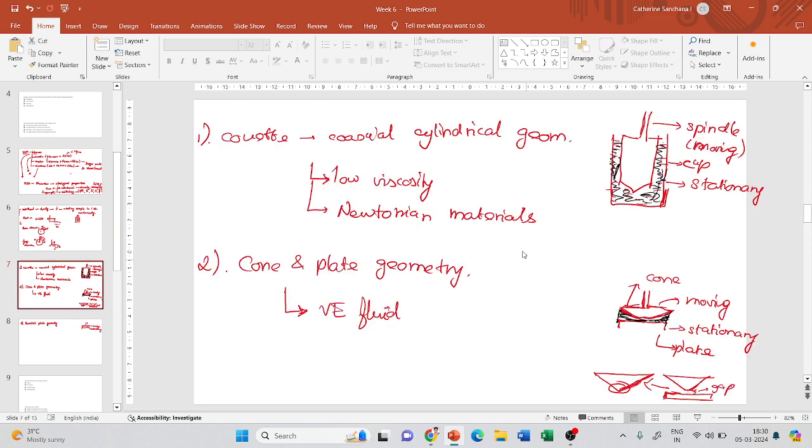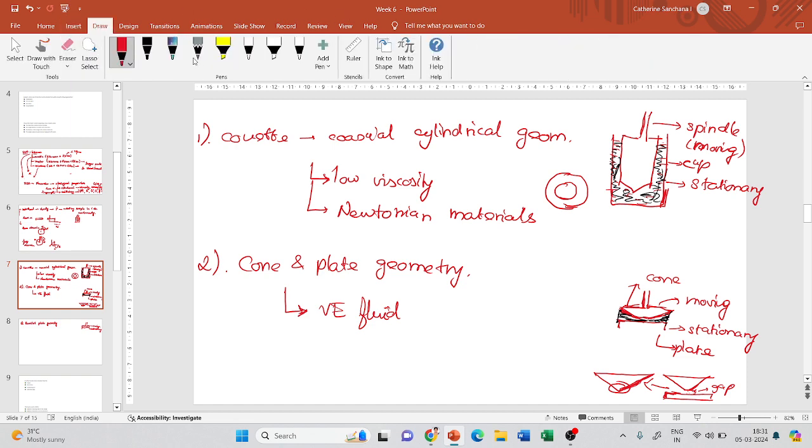So how will the top view of this geometry look? It will be like this. This is my outer cylinder. This is my spindle and my sample will be filled in this region. Here the top view will be like this at any point.